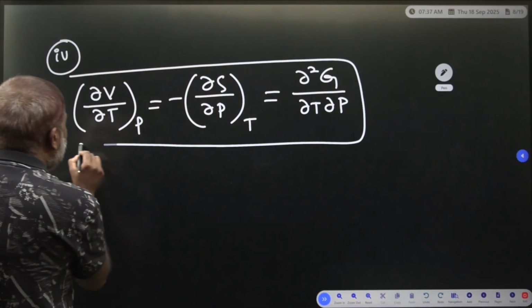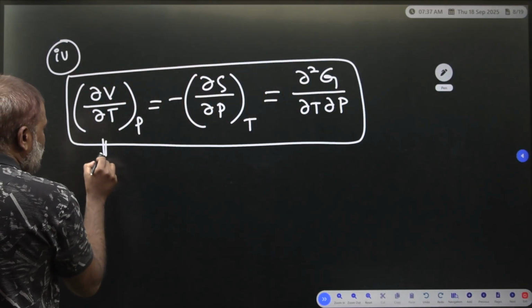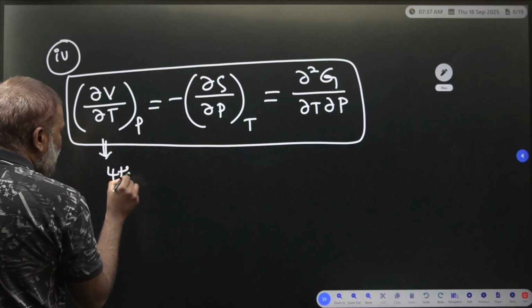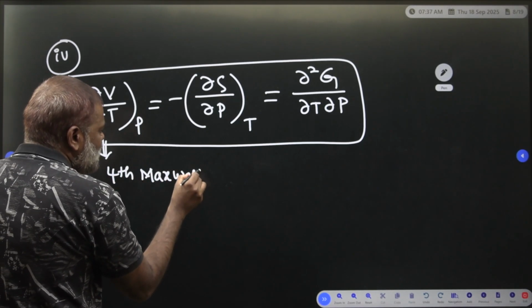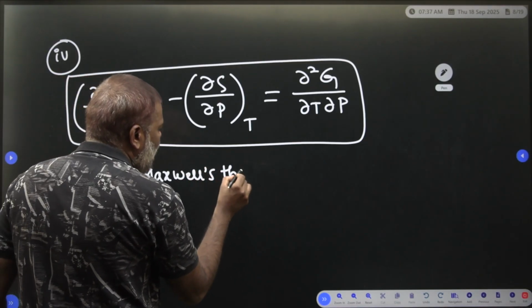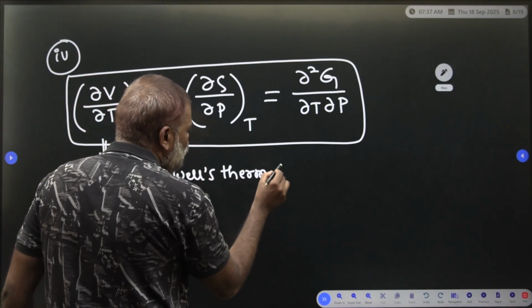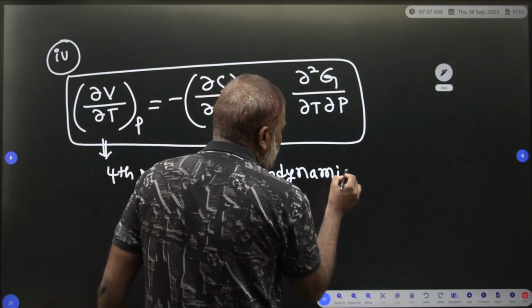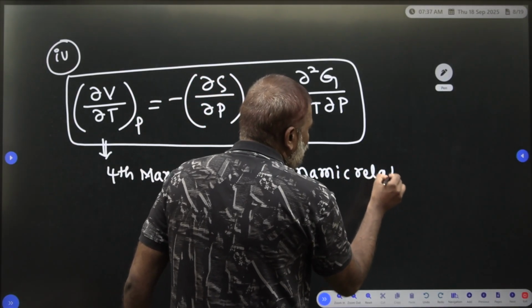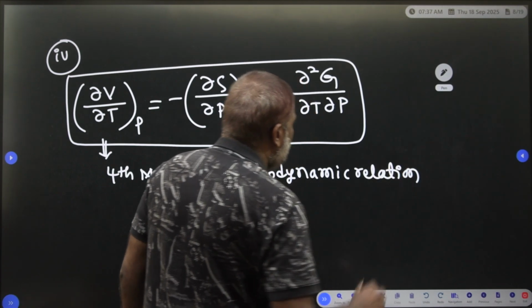This one we take as the fourth Maxwell's thermodynamic relation. What is the fourth Maxwell's thermodynamic relation?